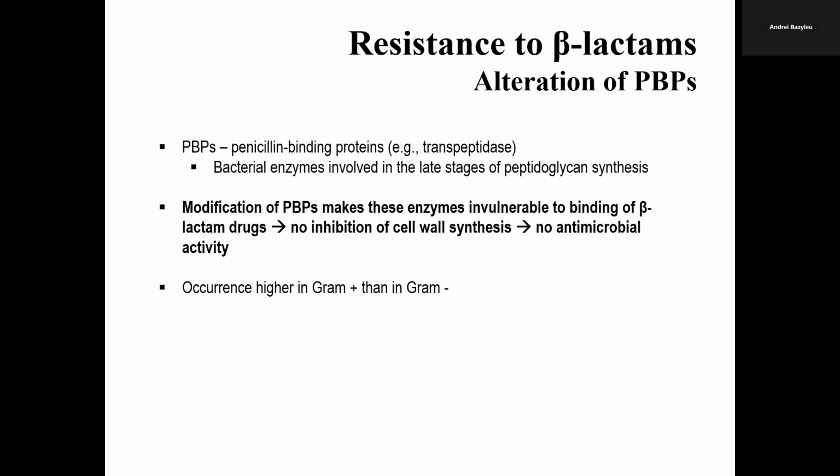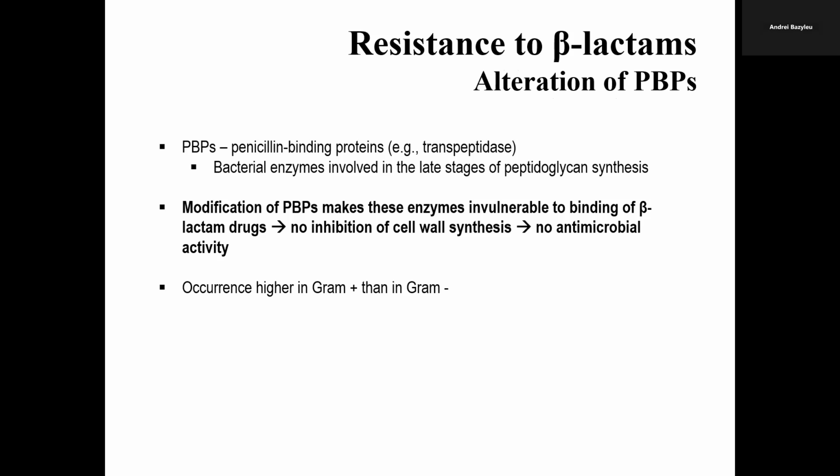So what scientists did, they called all these enzymes that are capable of binding to beta-lactams penicillin binding proteins, with transpeptidases being a specific representative of that class. Okay, so now that you understand what the PBPs are, alteration of the drug target in case of this mode of resistance is very straightforward.